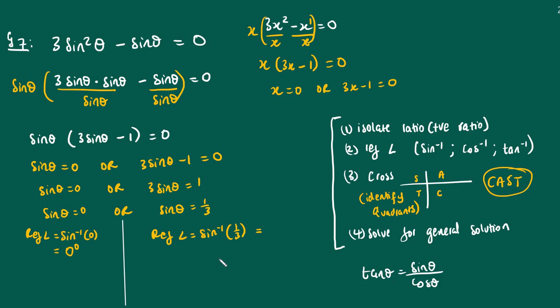It's going to be 19.47122063449 degrees. Okay, then remember, after finding the reference angle, where do we go? The cross. So you draw a cross this side, you do the same thing this side, a cross.